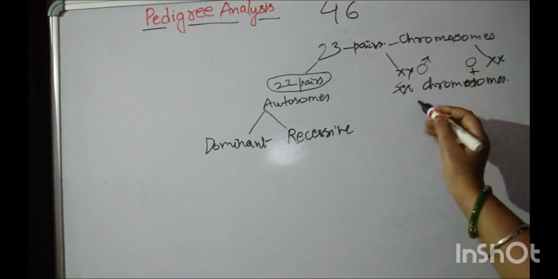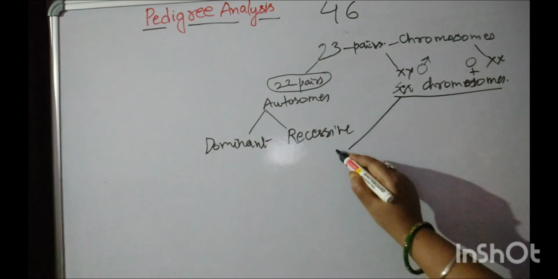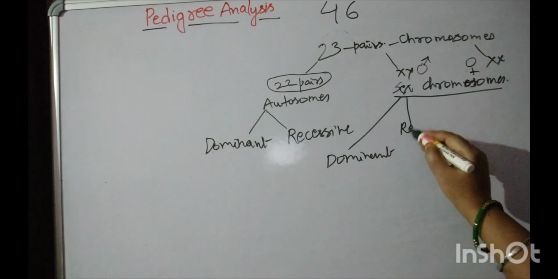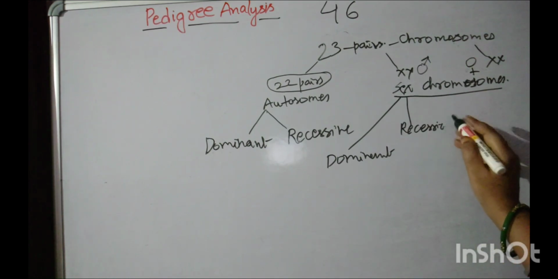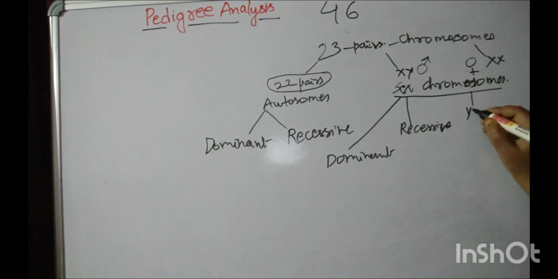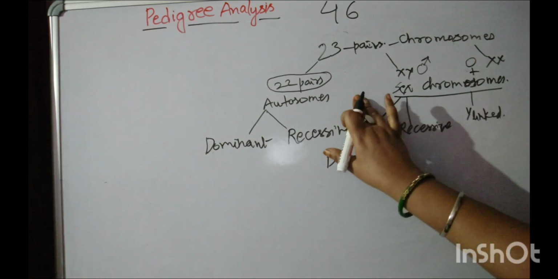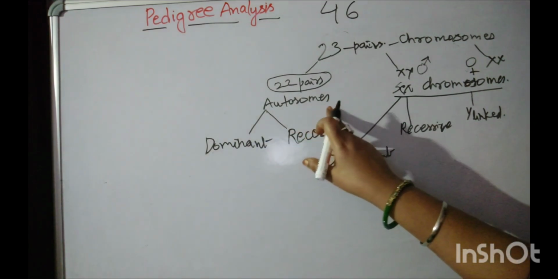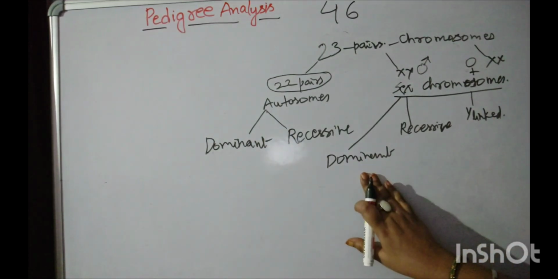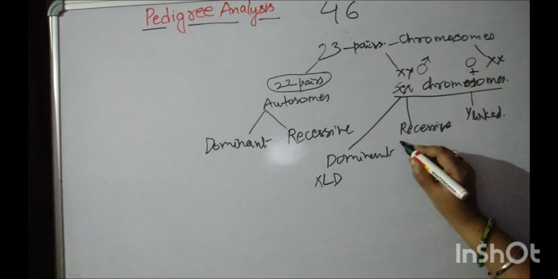In the sex chromosomes also there is dominant, recessive, and one more, Y-linked. So in autosomes we have dominant and recessive, and in the X chromosome we have X-linked dominant and X-linked recessive.